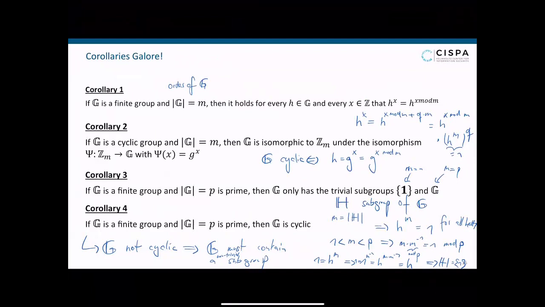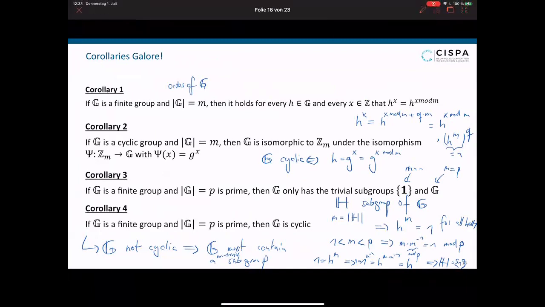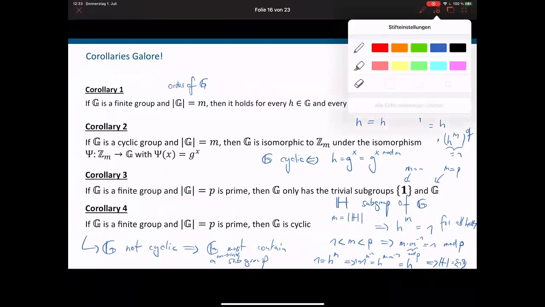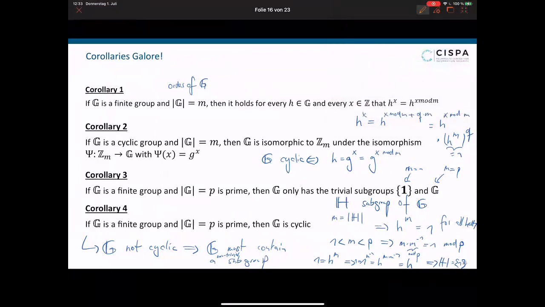The idea is to take any g in G which is different from 1, and just look at the cyclic group generated by g. This will be a subgroup, the group generated by g.